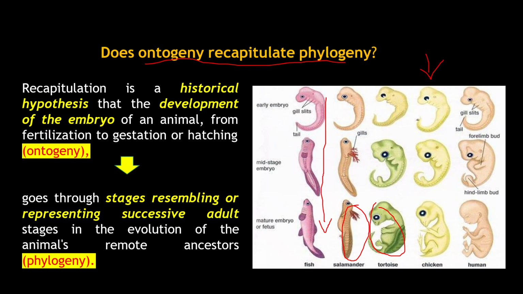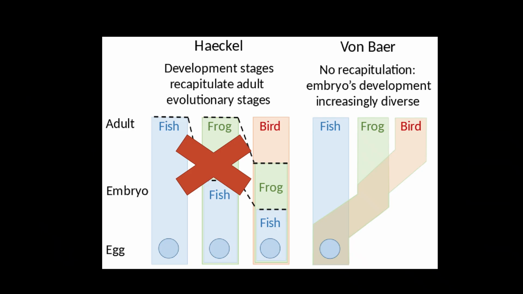So let me show you another diagram. Haeckel was a very smart guy, but he got too excited with his ideas, and unfortunately they were not correct. What he was proposing is that, for example, this is the embryo and this is the adult. He thought that the embryo and the adult of the fish, when there is a frog, you add a new stage, and when you have birds, you add another new stage.